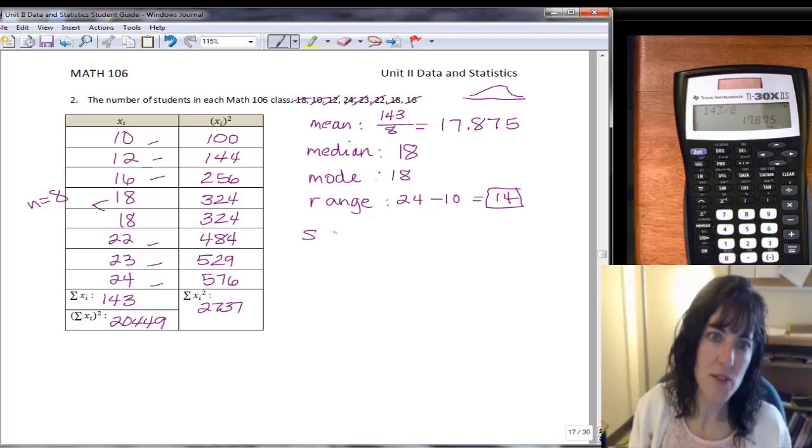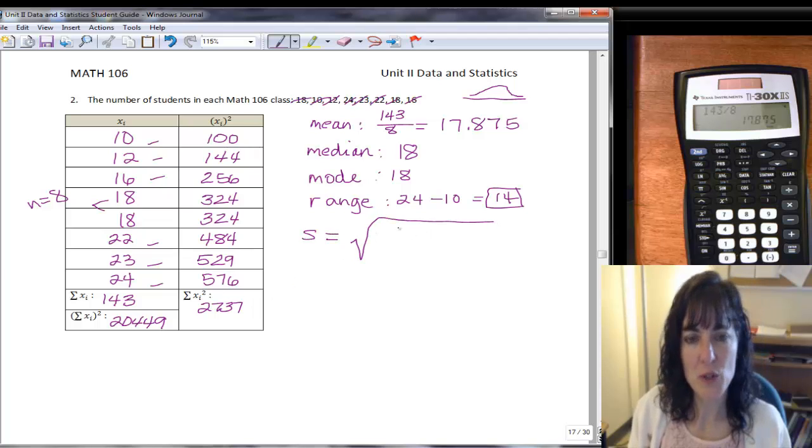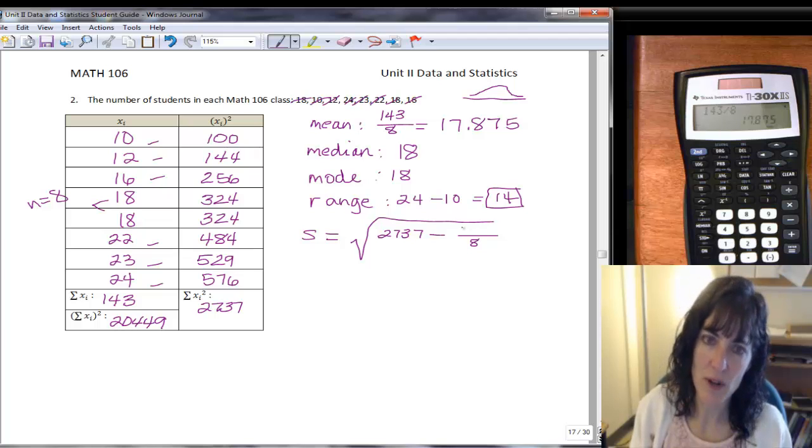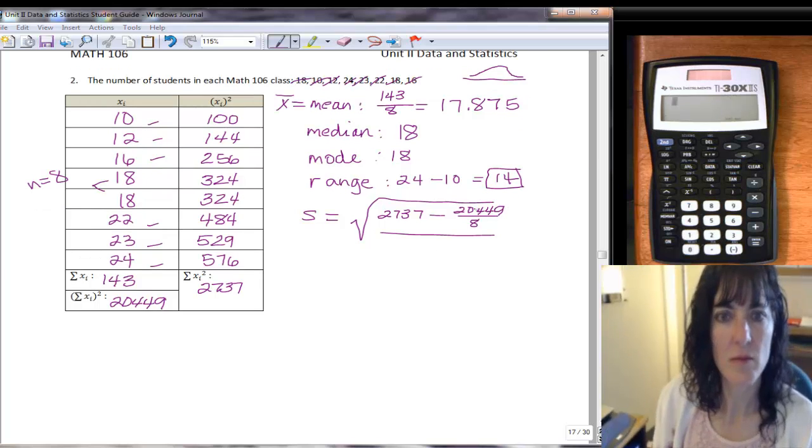And then the standard deviation, the last one, we're going to use that formula, and we put this 2737 minus, and it's going to be over 8. And my squared sum here is 20449, sorry, 20449. So divided by my n minus 1, and n is 8, so it'll be 8 minus 1.